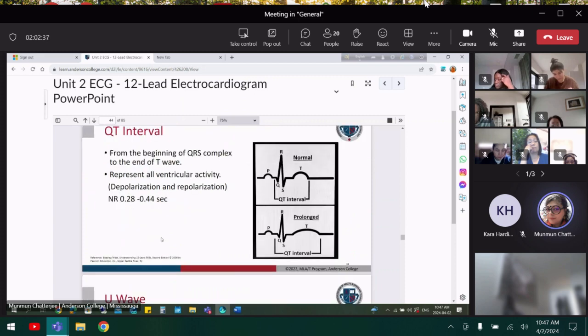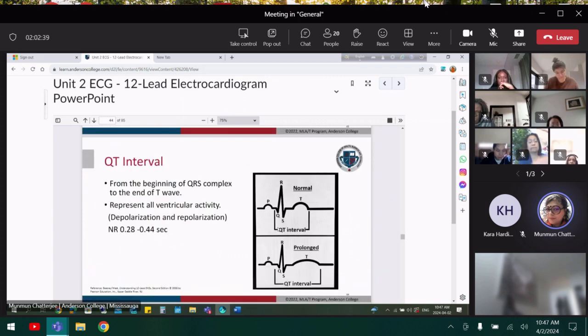So the QT interval, as we told you, is from the beginning of the QRS complex to the end of the T wave. That is the total ventricular activity. It represents all ventricular activity, that means ventricular depolarization and ventricular repolarization.